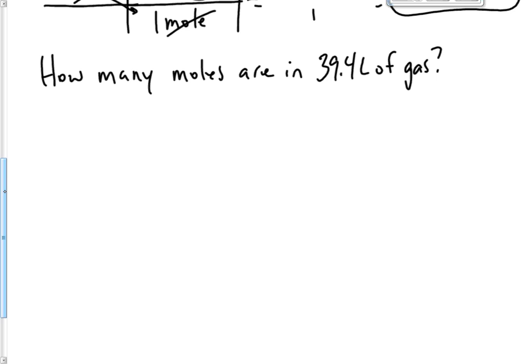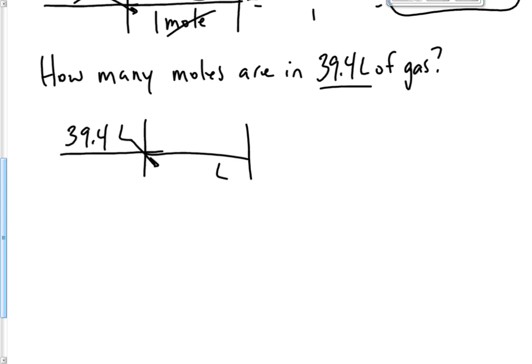So we're going to take what we're given, which is 39.4 liters. We are immediately going to put the liters in the bottom section of the next chamber. The number associated with liters is 22.4, and that is going to equal 1 mole. Liters divide out, you're left with moles. That's what we're looking for.